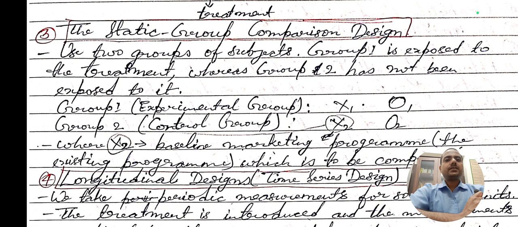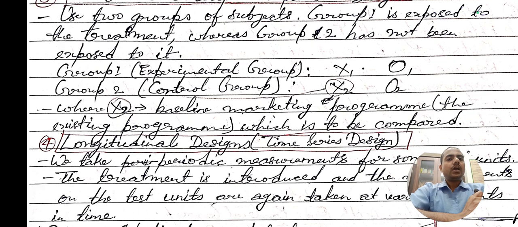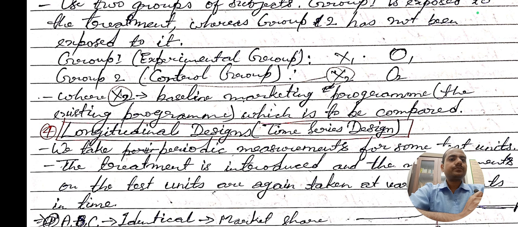Static group comparison design. So use two groups of subjects, just like group 1 is exposed to the treatment, whereas group 2 is not, or you can say has not been exposed to it. Group 1, that is experimental group, here given, is provided with the treatment, and then we observe what happened due to treatment to experimental group. And group 2, that is the control group, baseline marketing program. It means in case of second group, the control group, we do not provide external treatment.